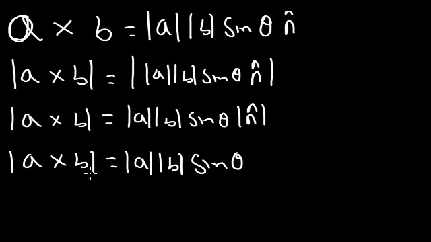Perfect. Now, the next question is, how do you determine A cross B, given two vectors A and B defined in a three-dimensional space? How can we do that? Let's look into that.